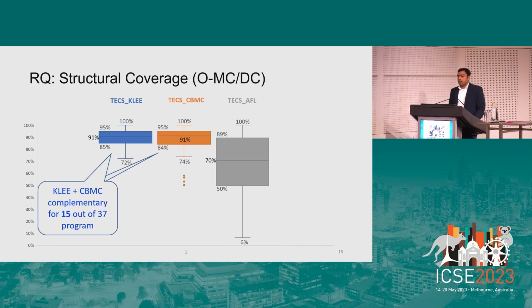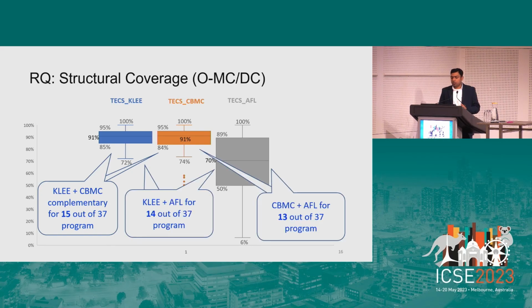Then an interesting point is that the tools are complementary. When we merge the test cases of KLEE and CBMC, we achieve high model coverage for 15 subject programs out of 37. Then we try the same thing with the other combinations: with KLEE and AFL, we got 14, and with CBMC and AFL, we got 13 subject programs.